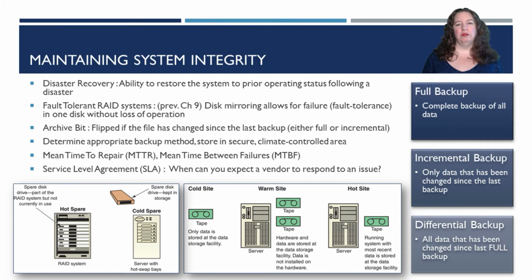With a fault-tolerant RAID system, we actually allow the fault or the bad thing to occur, and everything just keeps on going. There's no disaster because we were tolerant of the fact that faults happen. With fault tolerance, such as disk mirroring, we can allow for a failure in a single disk, but because the second disk mirrored it, everything continues to go on as normal, and nobody noticed that there was a problem.